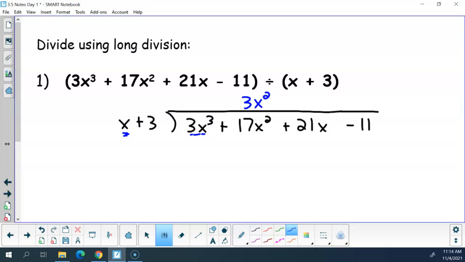Then, on the numbers problem, what did we do? We multiplied them, right? So I'm going to multiply 3x squared times x plus 3.